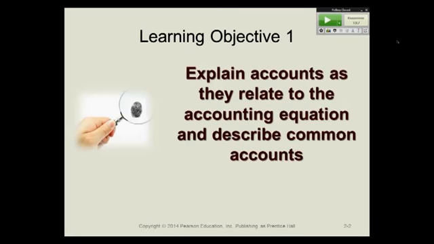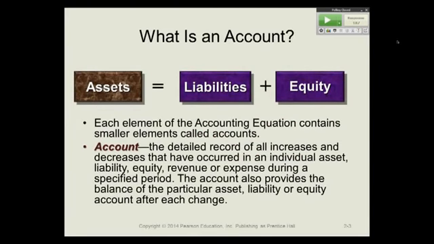So we're going to look at the notion of an account, what an account is, and how it relates to the accounting equation. By the way, you go back to the equation periodically from time to time, but it's pretty much over. We now look at the full information system. Now, when you look at the equation, each one of those, assets, liabilities, and equity, have subgroupings which we call accounts.